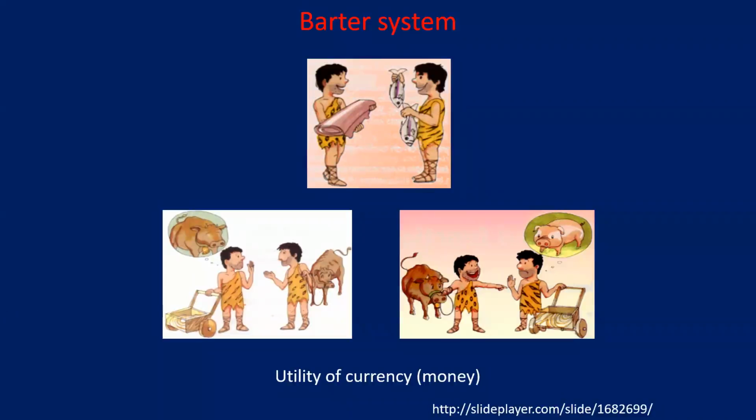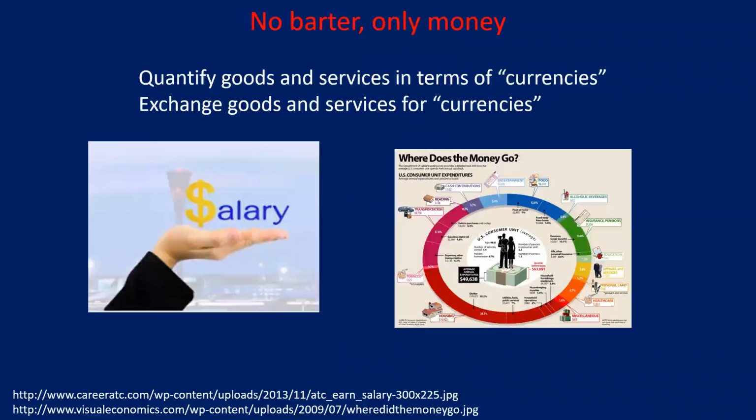In this particular barter system, the valuation may not be the same for the person who is purchasing and the person who is selling. It may have drastically different values, and that's where we have to normalize.